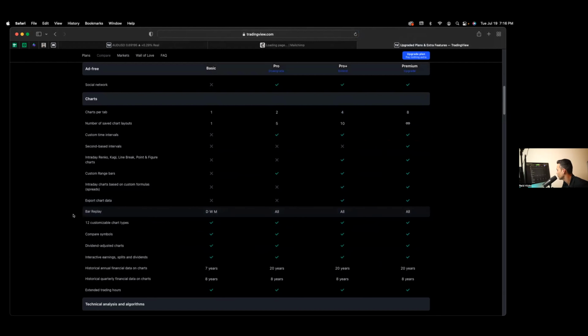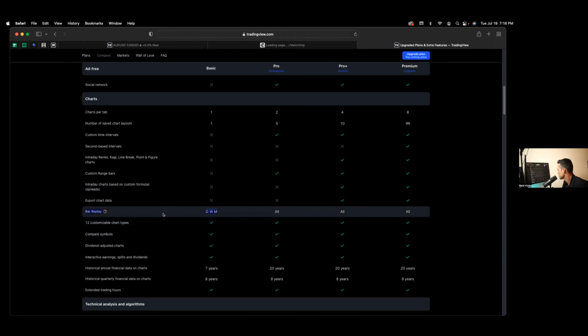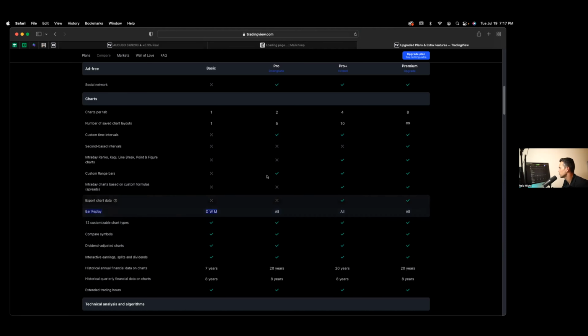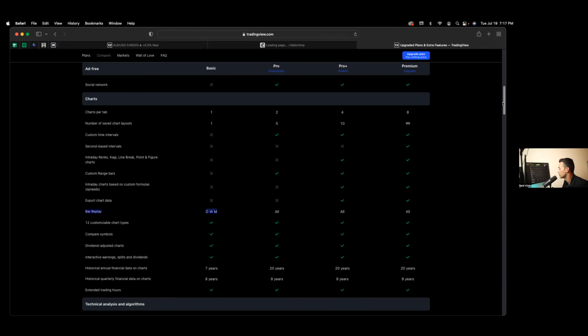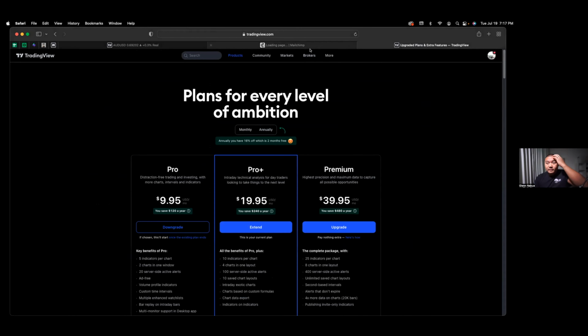So you don't even have to pay for it, but you only get the daily, weekly, and monthly. This is the basic TradingView, the free version. So it's possible to just backtest without even having to pay for anything with TradingView. That's it. Love it. So let's jump in.